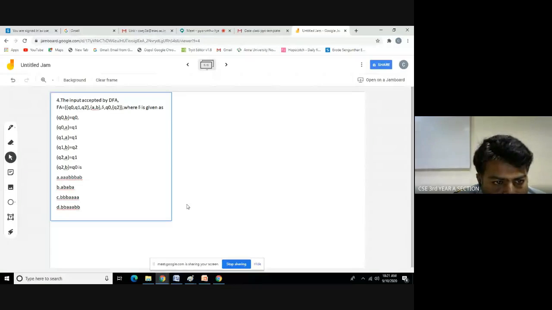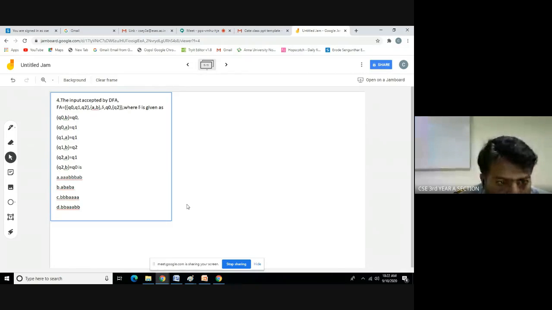When I give the input symbol B from Q0, it reaches Q0. When I read the input symbol A from Q0, it reaches Q1. If I read A from Q1, it reaches Q1. If I read B from Q1, it reaches Q2. If I read A from Q2, it reaches Q1. If I read B from Q2, it reaches Q0.